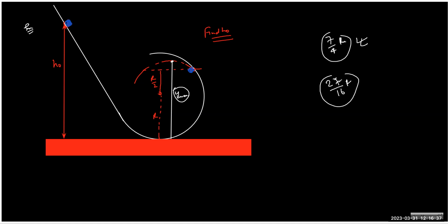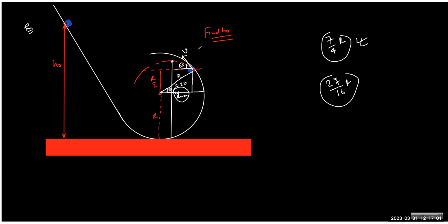Yeah, let me confirm. First of all, this is the angle, right? 30 degrees. So when you throw the velocity like this, it is 60 degrees. And what is the V, by the way?